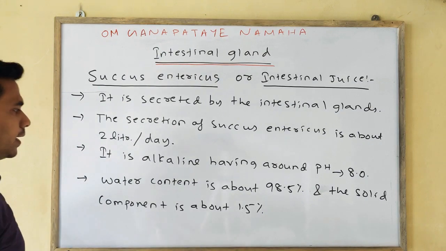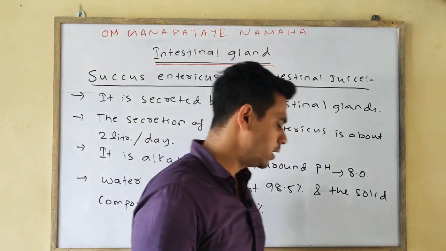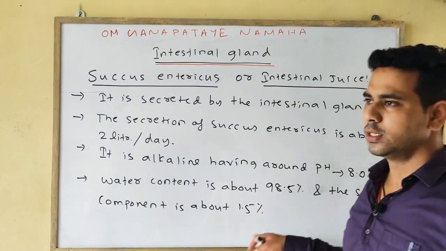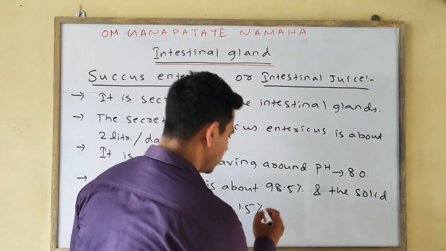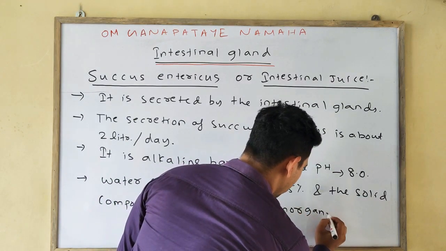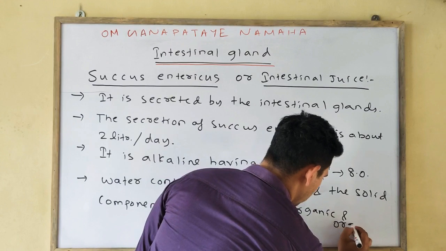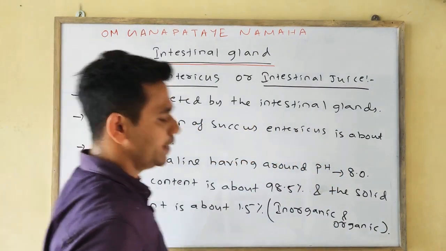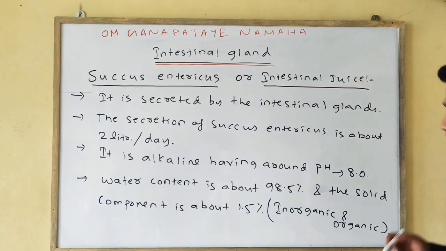So the water content is about 98.5%, whereas the solid content is about 1.5%, which includes both the inorganic and the organic constituents. What are the inorganic and organic? We'll read now. So please note down the points.